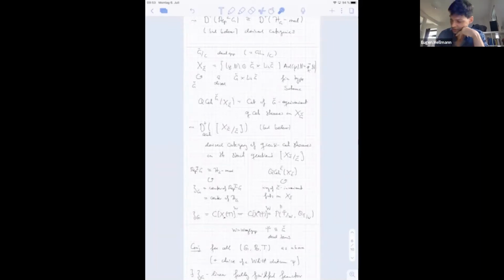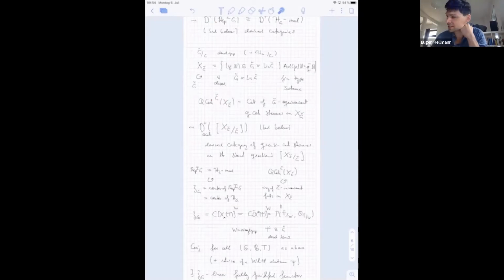Well, if you write down an object in the derived category of this, you write down something on here and then on G check times this and so on, such that you have compatibilities, but only up to quasi isomorphism, whereas here you obviously ask whether they are compatible up to isomorphism.